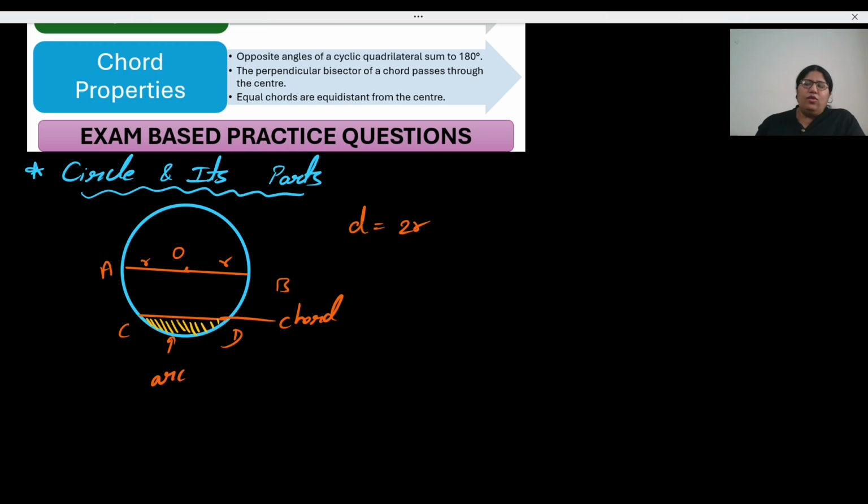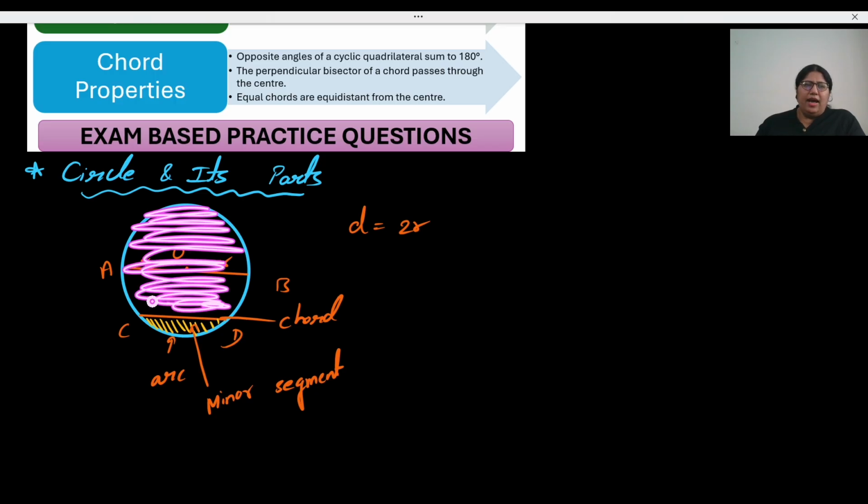The area enclosed between a chord and an arc is called the minor segment, because it is less than a semicircle, and if it is more than a semicircle, that is called the major segment. So if I take this whole part, it will be the major segment. All these things you have to know, because when you are solving the questions, you must remember all these parts.